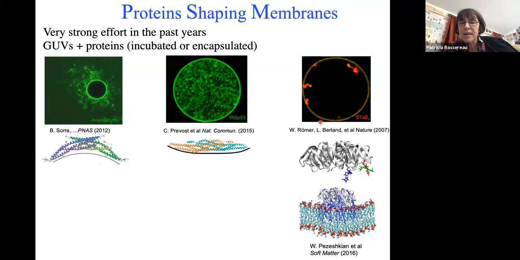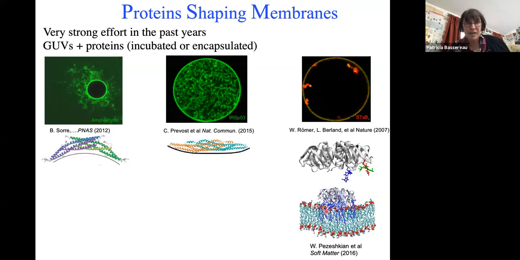And you can see that if you incubate a GUV which contains the lipid receptor of this protein, the membrane spontaneously also forms tubules. And this could be explained because, as you can see in this simulation, when the protein binds the membrane, there is a small deformation which is induced by this protein on the membrane.